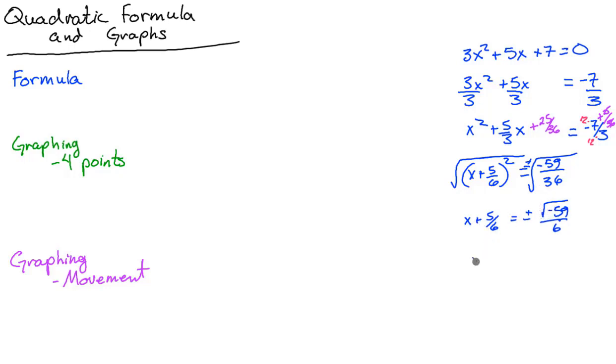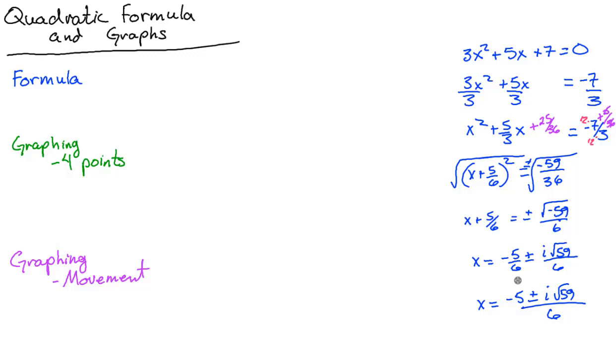So now subtract that over and we get x equals a negative 5/6 plus or minus i square root of 59 all over 6. These have a common denominator and we can add those fractions, so x equals negative 5 plus or minus i square root of 59 all over 6. Wow, that gets really intense.